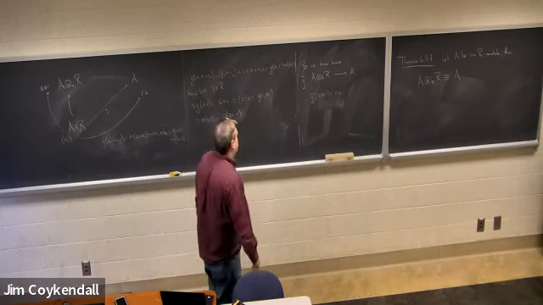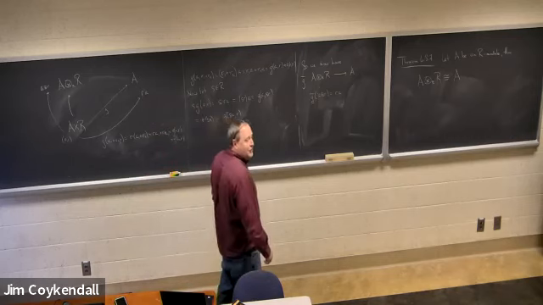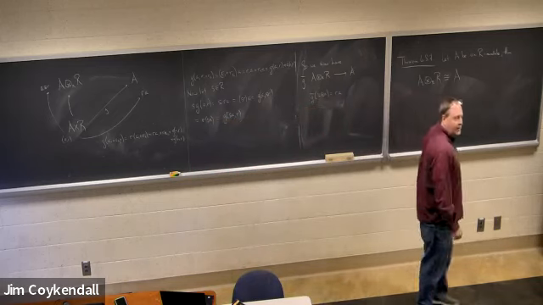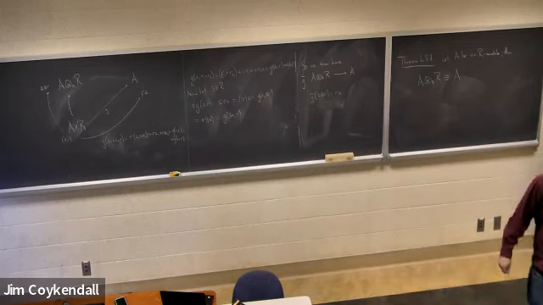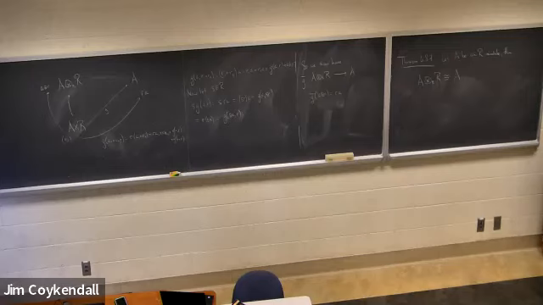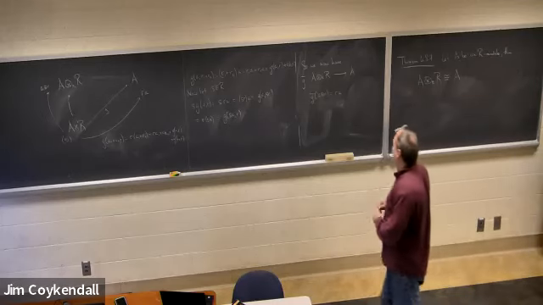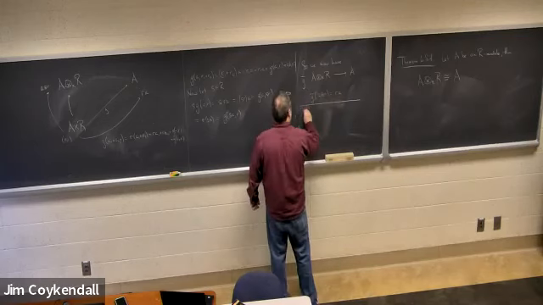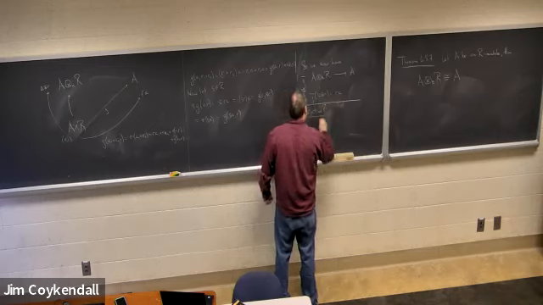Now, here's the difficulty. We need to show that G bar is bijective, right? Because I did say isomorphism. Can somebody justify the fact that G bar is onto? That's the easy one.